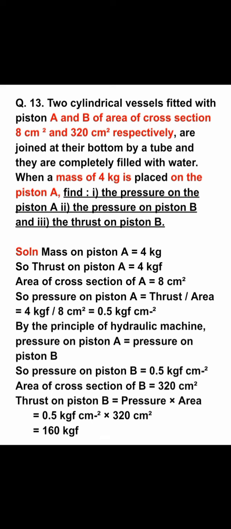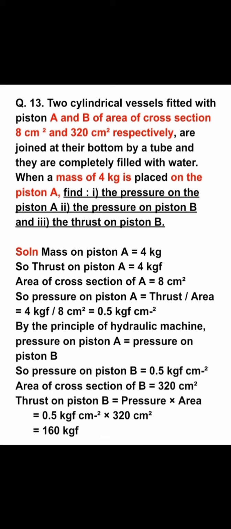Here is the solution. Mass on piston A is given, it's 4 kg. So thrust on piston A will be 4 kgf. Thrust is the force acting downwards or the force acting normally. So when the mass is kept on piston A, its thrust will be 4 kgf.